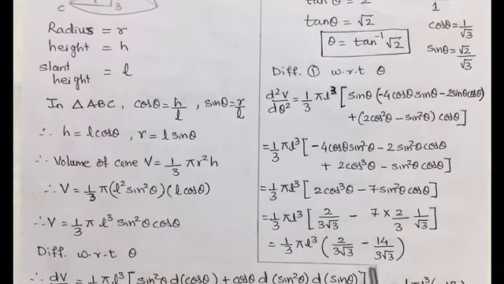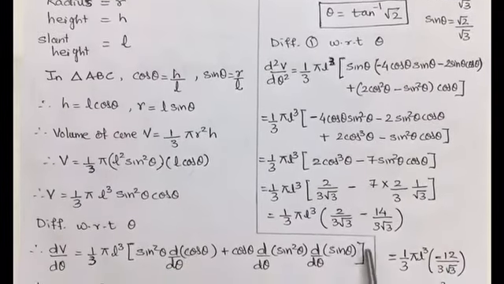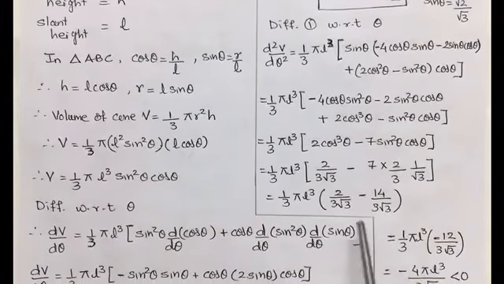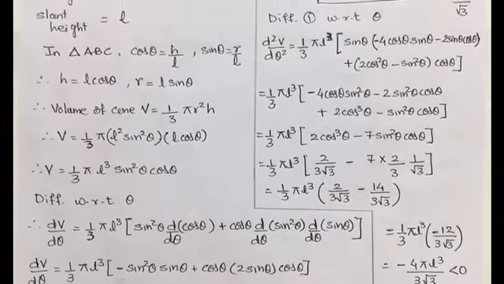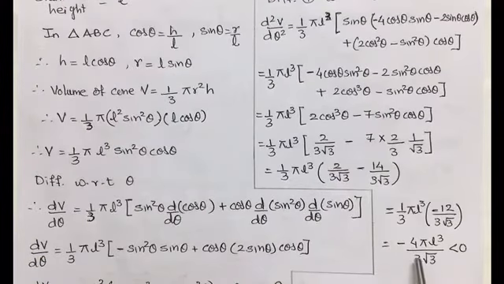Operating this bracket, we get 1 by 3 pi L cube as it is, 2 minus 14 makes it minus 12 upon 3 root 3. Cancellation gets minus 4 pi L cube upon 3 root 3.